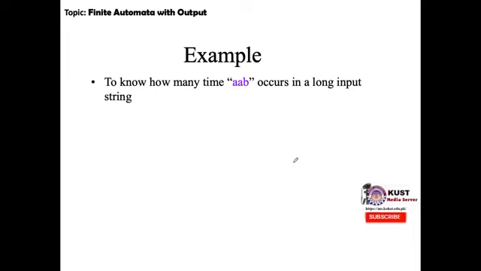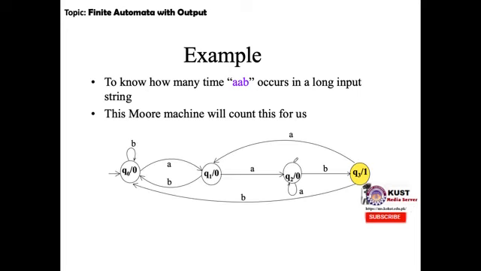So to know how many times AAB occurs in a long input string, the Moore machine will count this for us. So what we have to do, we are counting A and B. And you see we are printing 0, 0, 0.